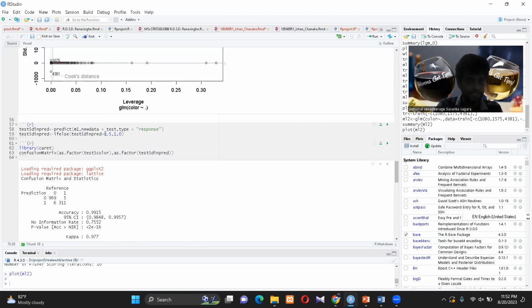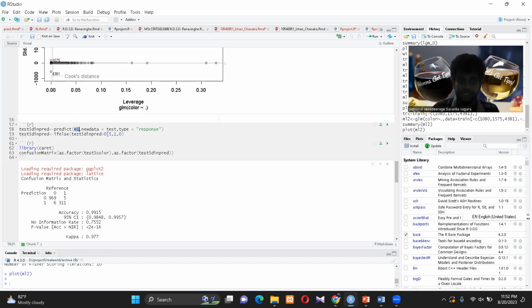With the help of the predict function, last week we did it, right? Depending on this model, a new dataset is picked as test. In order to test this, we have split them into two parts. We can remember that, right? Type is response because it's a binomial logistic regression.